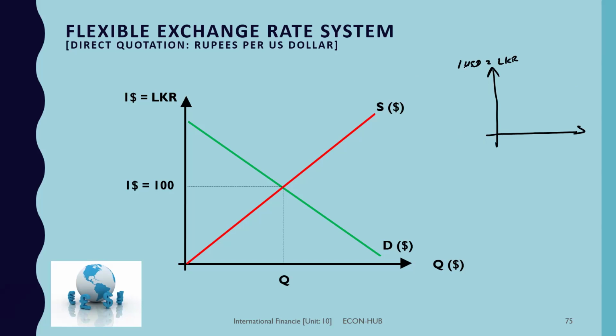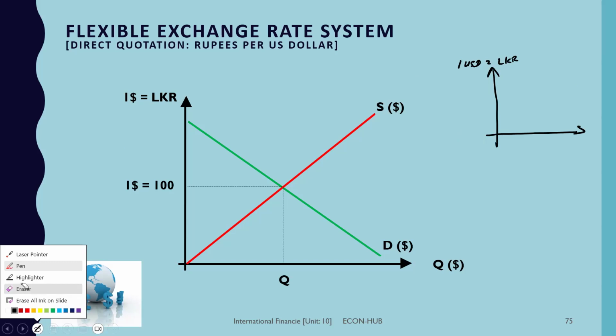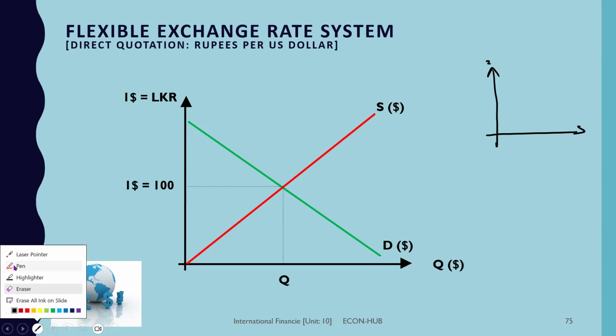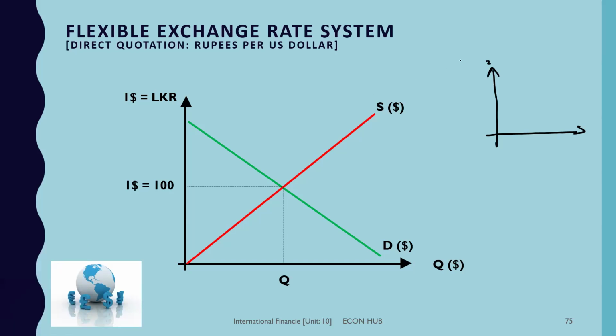Here 1 USD equals, sorry, I wrote it the other way. My mistake. 1 LKR equals USD. Get it? And here it's the quantity of LKR, rupees. Just the R is also enough, rupees.